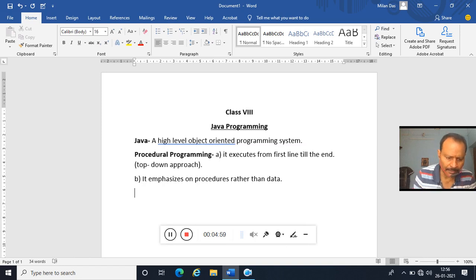Now, what happens in case of object-oriented programming? In object-oriented programming, number one, it emphasizes on data.